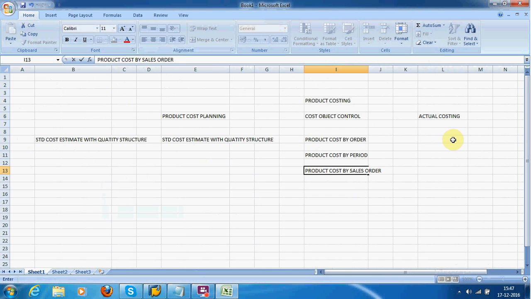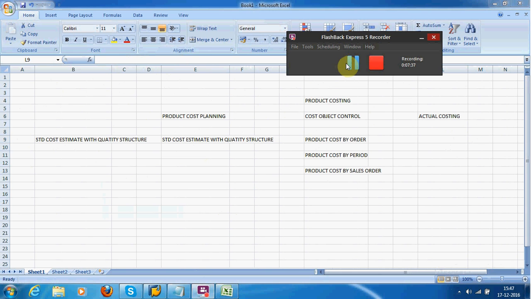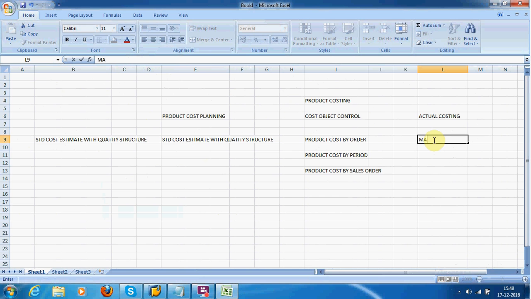Next, in actual costing, we have a concept called material ledger.